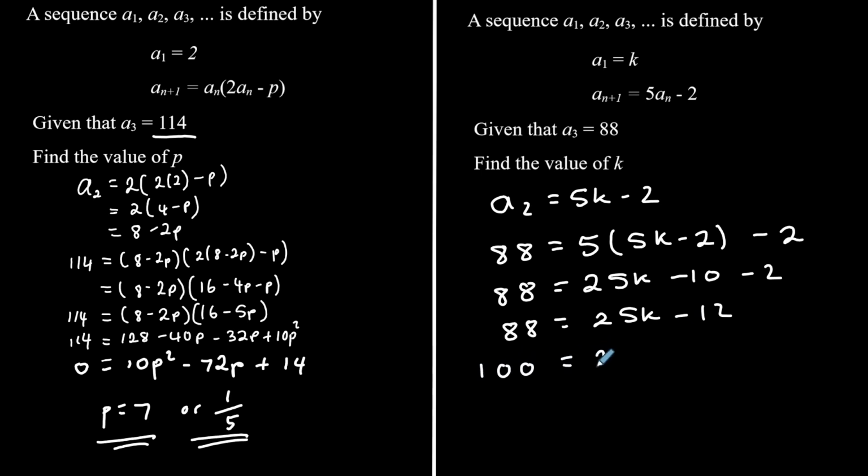So 25k is equal to 100. k must be 4. So the first term was 4. The second term was 5 fours, 20, take away 2, which is 18. And then the third term was 5 eighteens, which is 90, take away 2, 88.